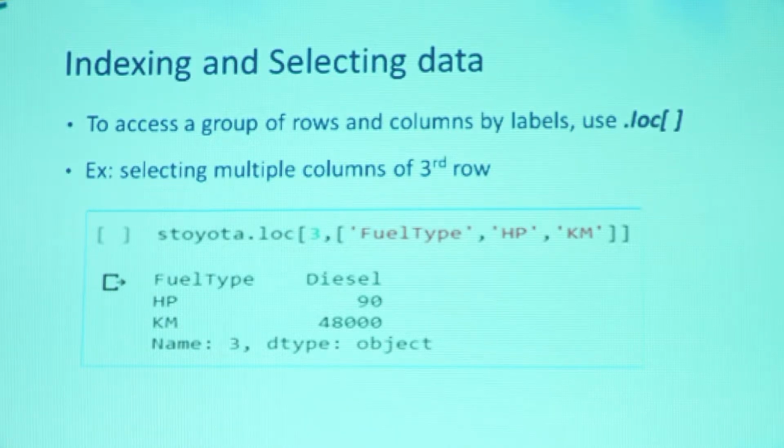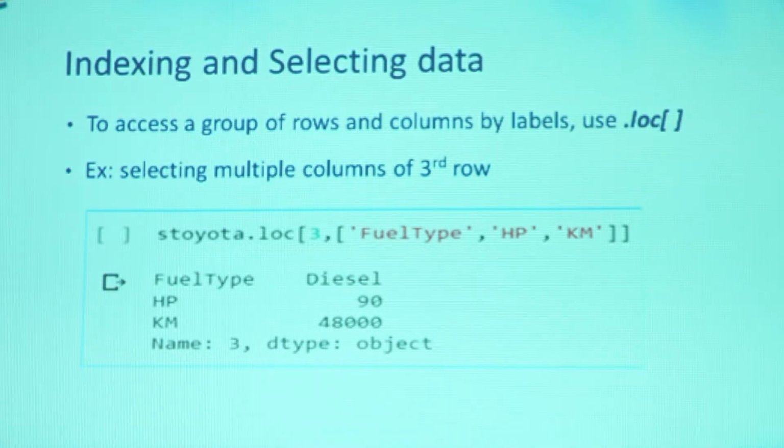I am using 3 column labels: fuel type, HP and kilometer. You can see very clearly how nicely the output has been given to me. So now I am able to see a new data frame of that particular row, and what various features it has.